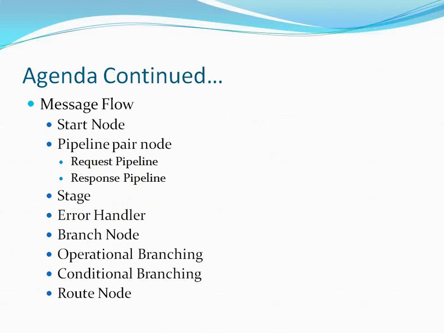Then the branch node. A branch node can basically be performed based on data. This is known as content-based routing. For example, you want to route to a queue, and you want to achieve that based on the data coming in the request. Suppose in the request the name is coming as Sanjay.